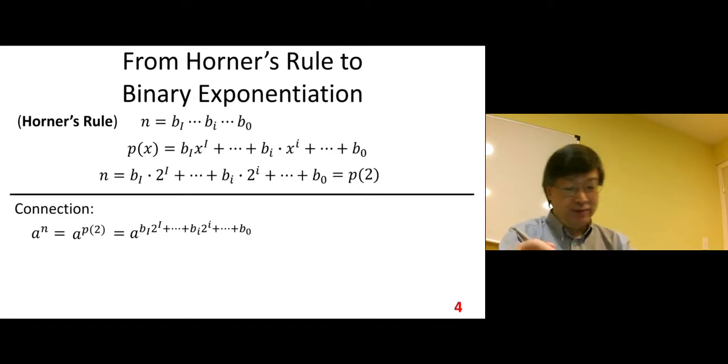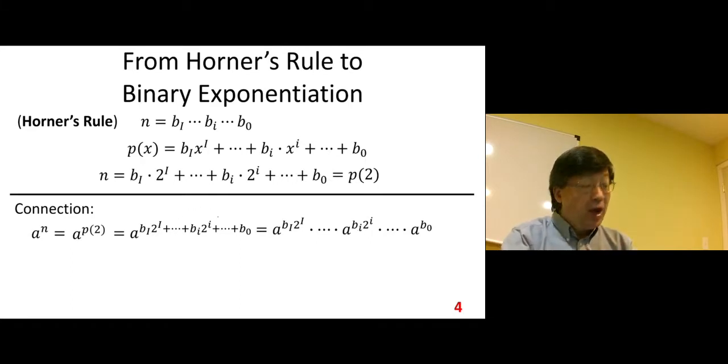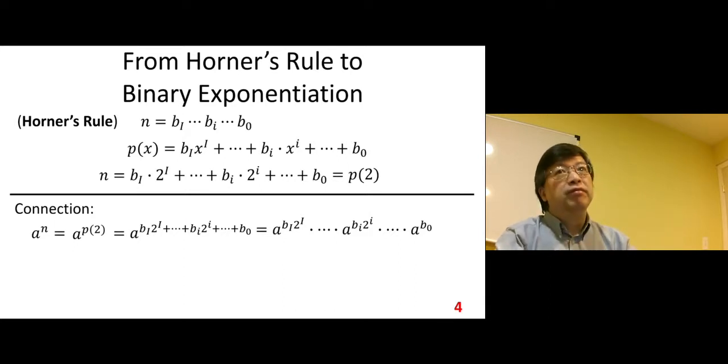If we write in this form, based on some property of exponential multiplication with the same base, same base a, we have this result.